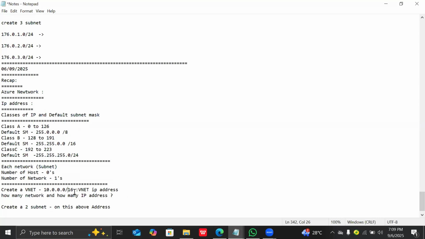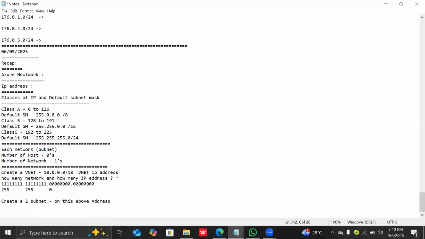When we talk about /16, the slash indicates ones. So 8 ones and 8 ones, and the remaining are zeros, which is 255.255.0.0.